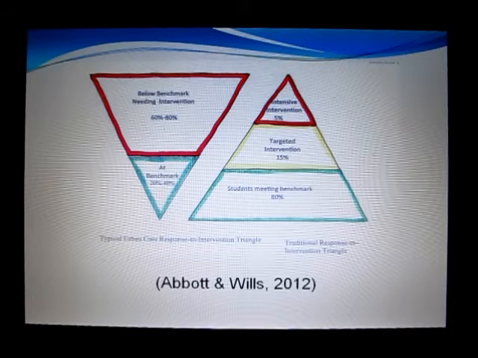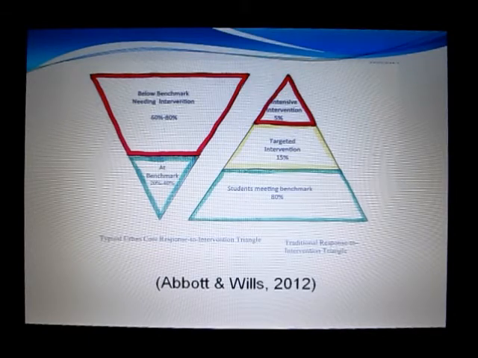Abbott and Willis conducted a study where they looked at how to provide a response to intervention model within urban schools, or schools where a large percentage of the students come from lower socioeconomic backgrounds. And their triangles or pyramids are turned upside down. Essentially, about 20 to 40% of their student body is in that tier 1 where they're at benchmark or exceeding benchmark.